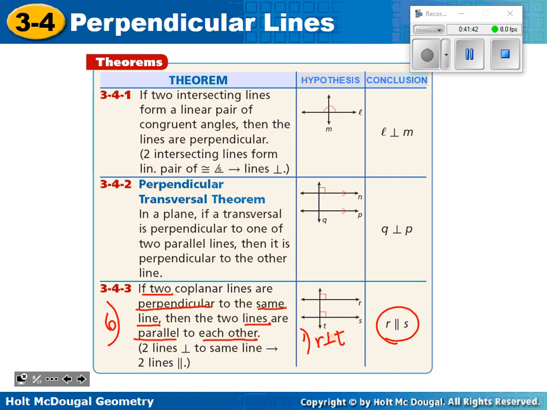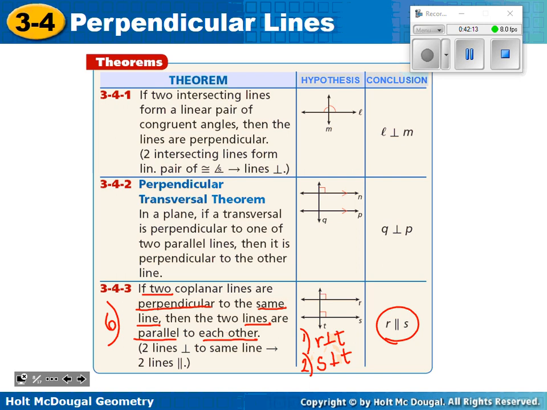And then you would have to have S is perpendicular to T. So that you have 2 lines, R and S, perpendicular to the same line, T. Do you see how we have 2 lines perpendicular to the same line? And if 2 lines are perpendicular to the same line, then those 2 lines, R and S, are parallel. Okay? So in your proof, you would have to have, they are each perpendicular to the same line. Now they're parallel to each other.